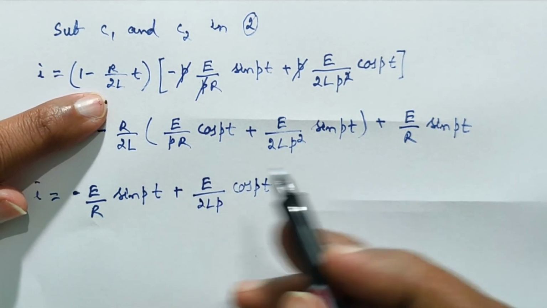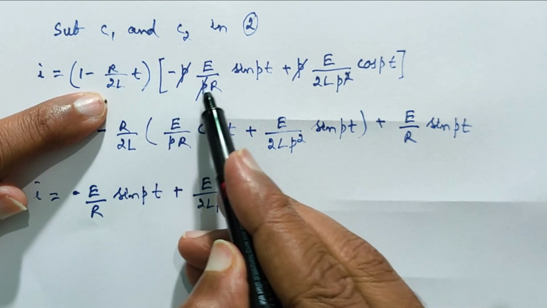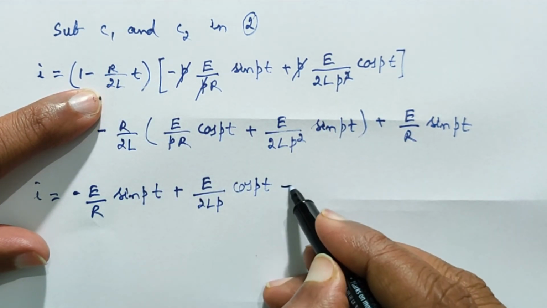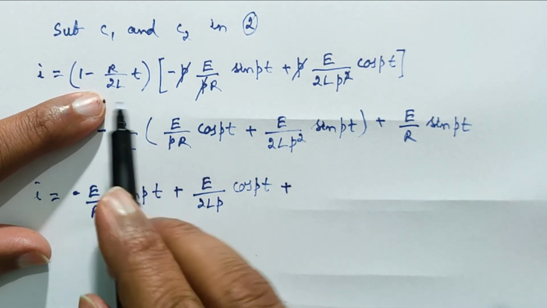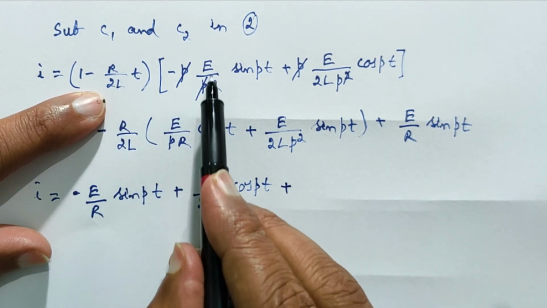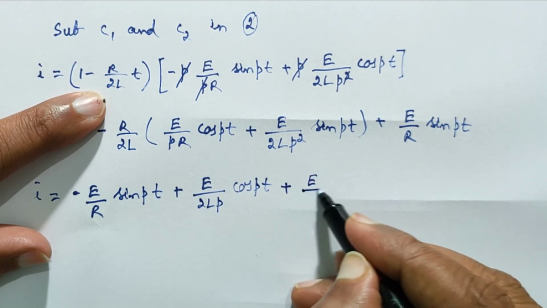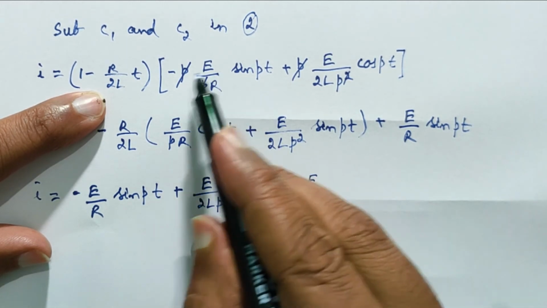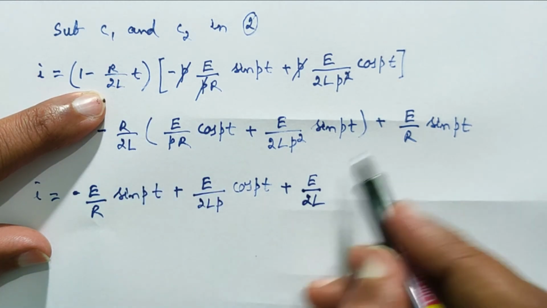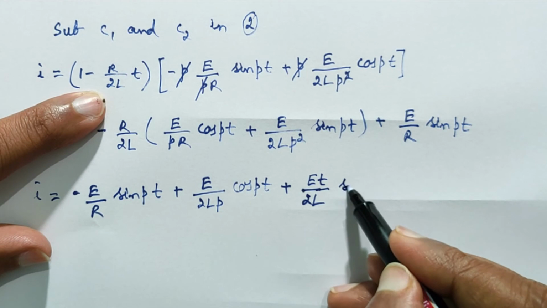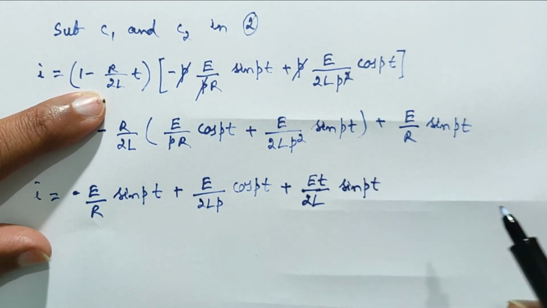Then multiply this minus R by 2L times T with these two expressions. So this minus of minus will become plus. However, this one R and R will cancel out. You will be having E by 2L times this T. So it is ET by 2L into sine of PT.